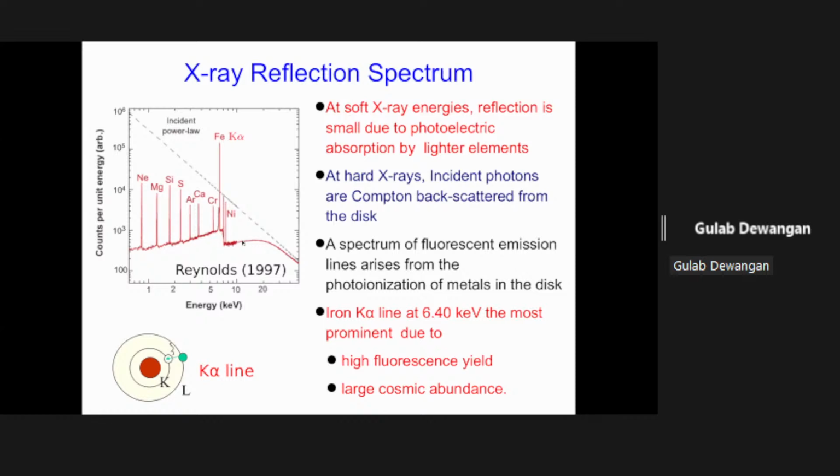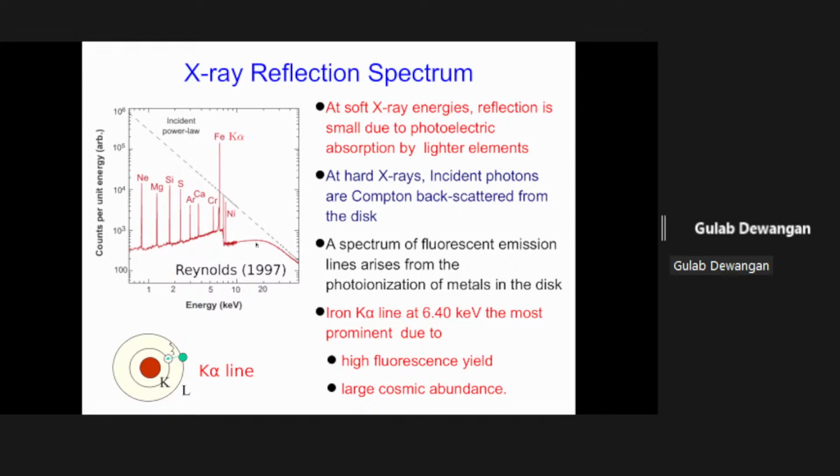This is due to absorption by the iron atom. The K shell electrons are being ejected due to absorption of photons above 7.1 keV, and the absorption cross section varies as energy to the power minus 8/3, and that dependence creates this kind of signature.